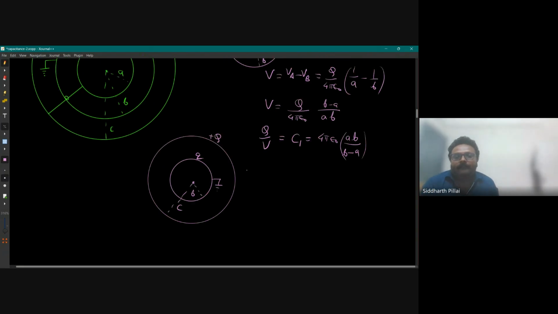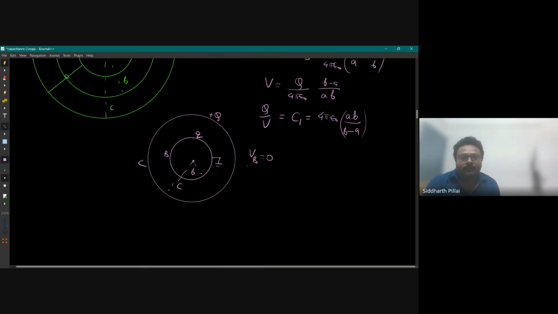Now, let's work it out. Since the inner one is grounded, let's call it B and let's call it C, capital C. So VB is 0 now, same as in the previous case. VC would be the potential KQ by C. Wait a second.